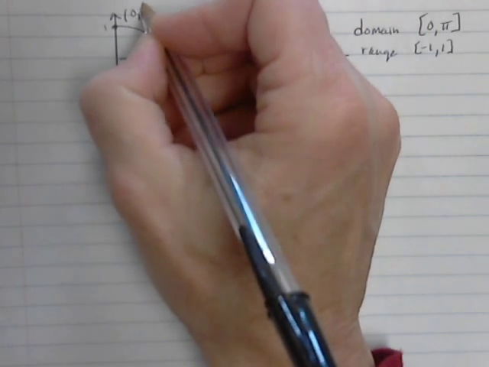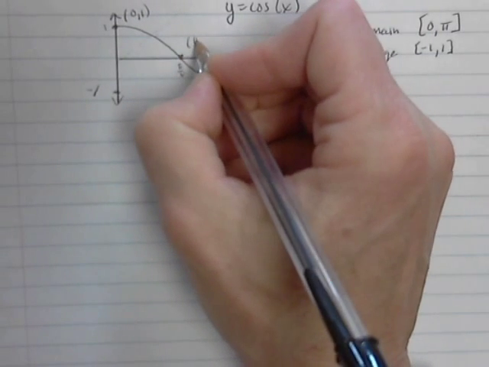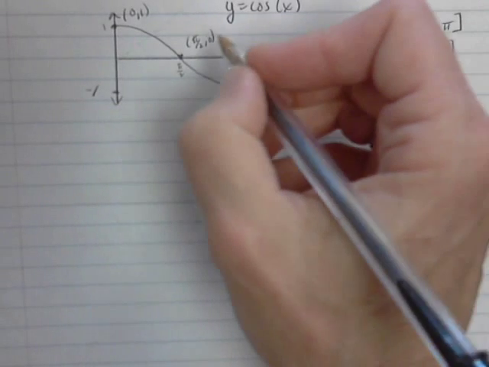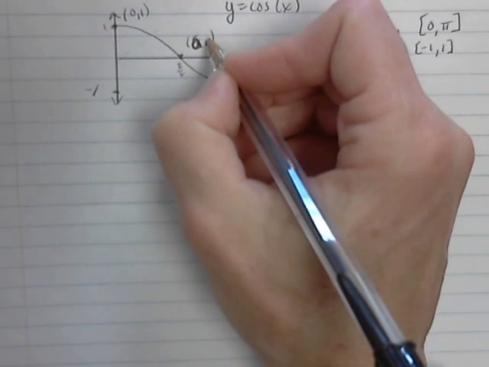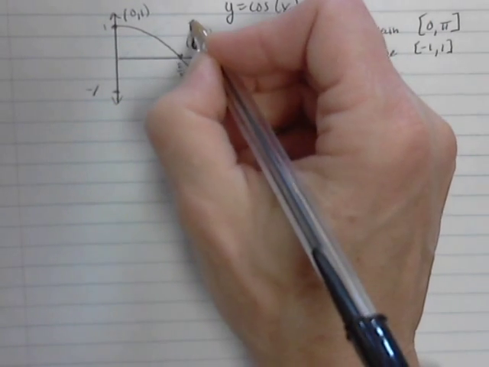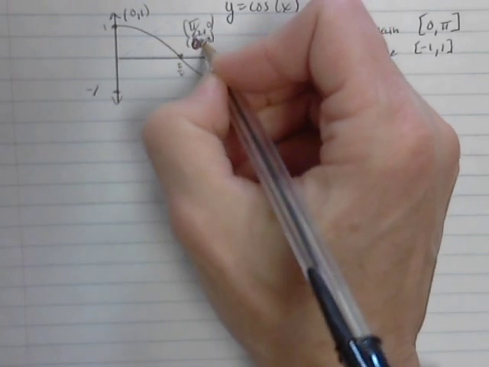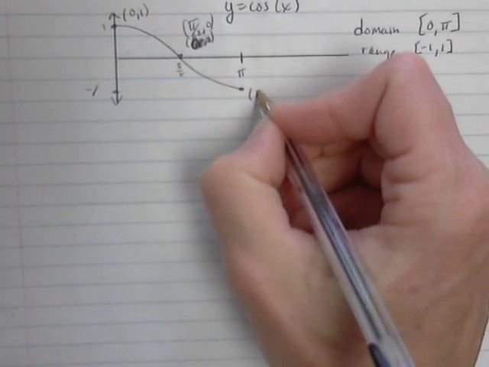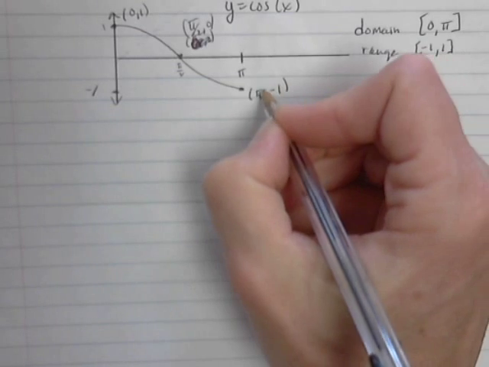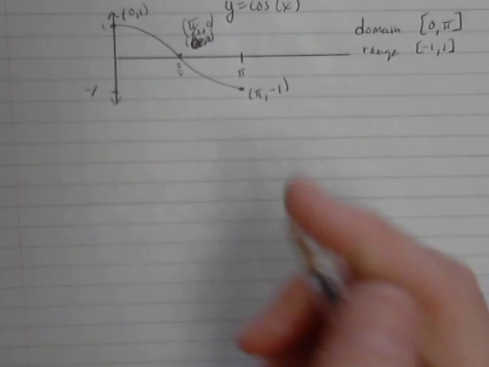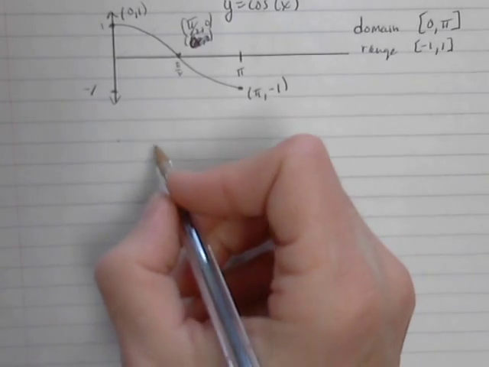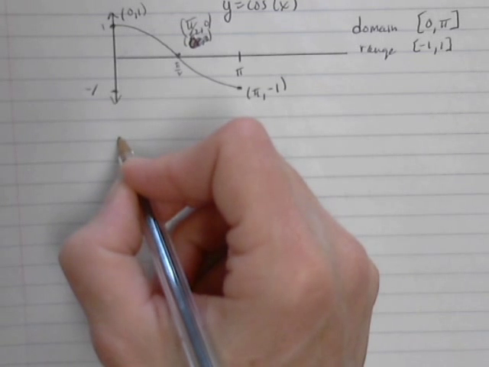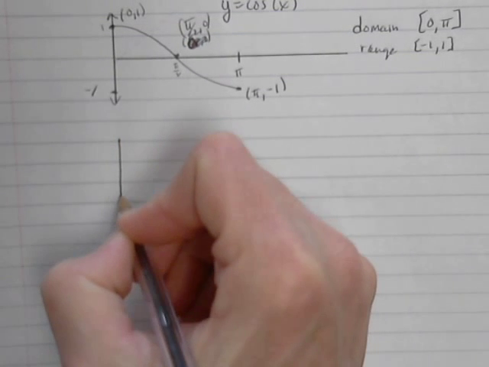So I'm going to take this graph and all of the points. This point is 0, 1. This point here is pi over 2, 0. And this point over here is pi, -1. So I'm going to take those 3 points and create an inverse cosine graph.